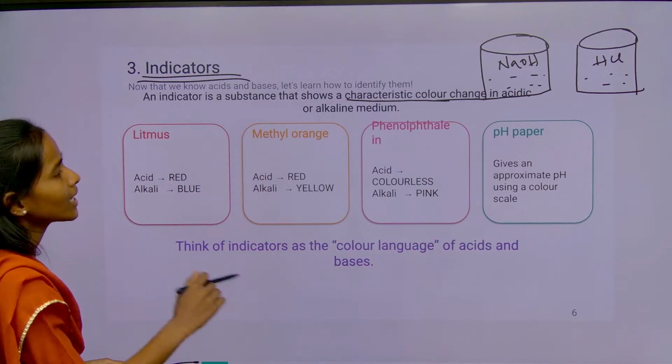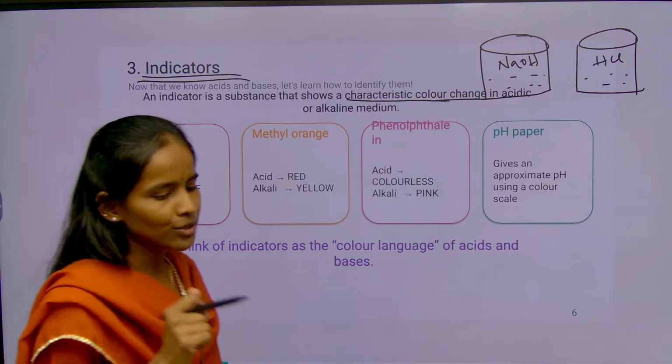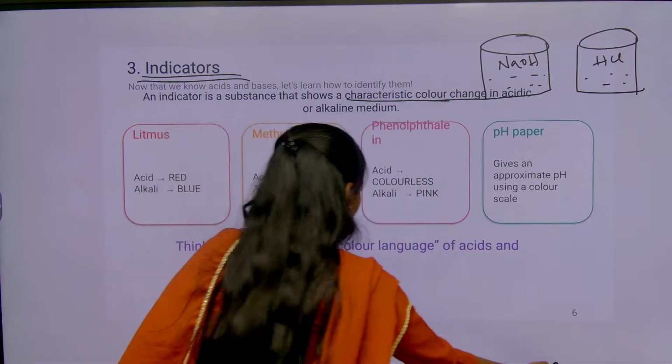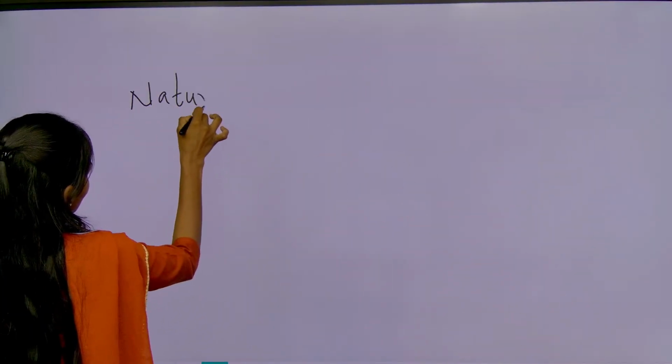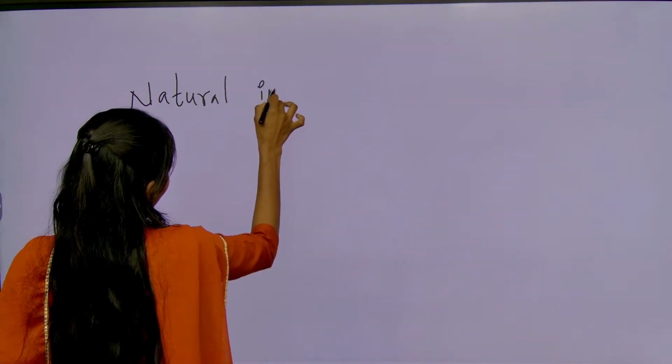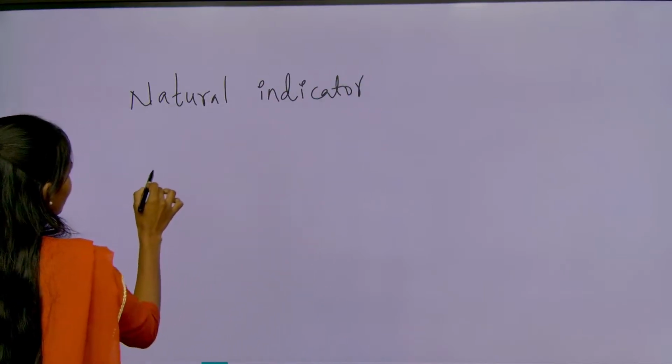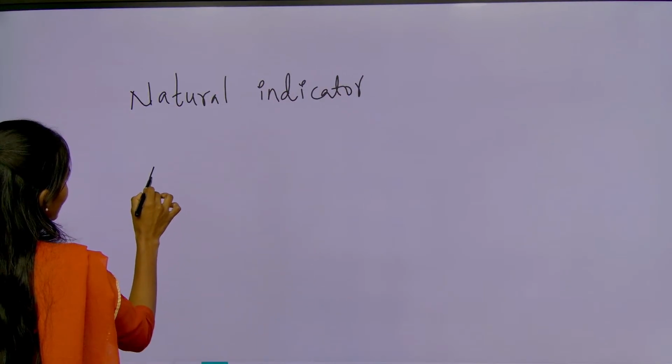Here we have two types of indicators: one is natural indicators, and another is artificial or synthetic indicators.